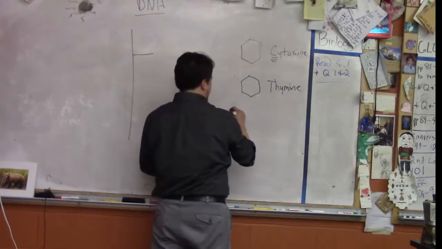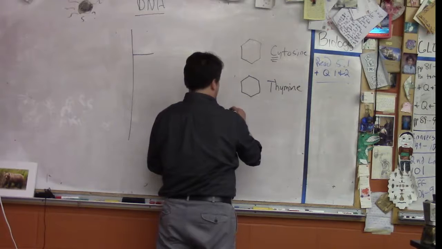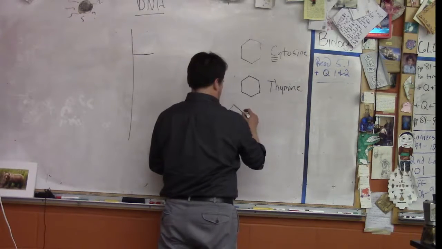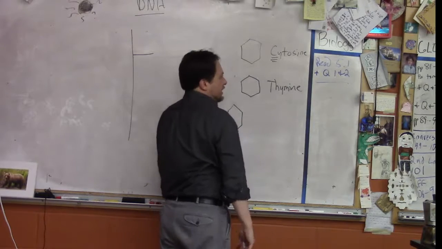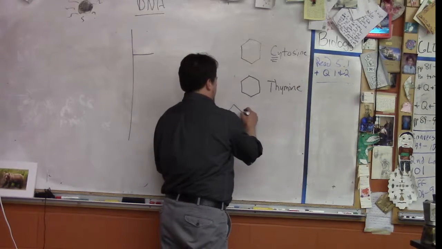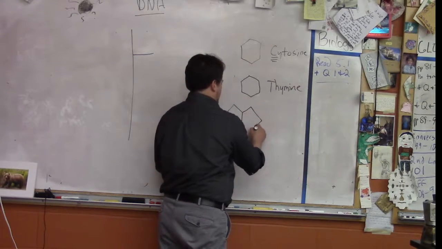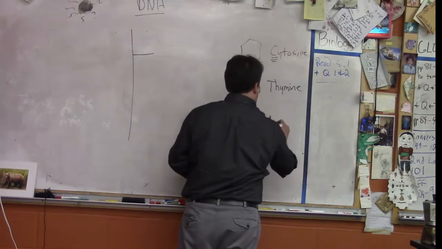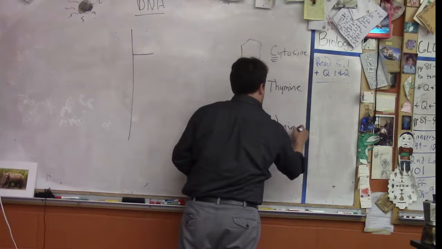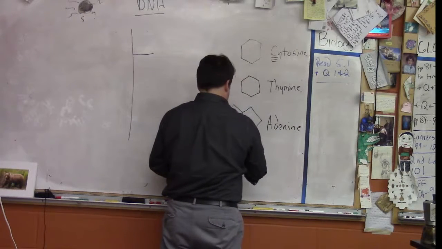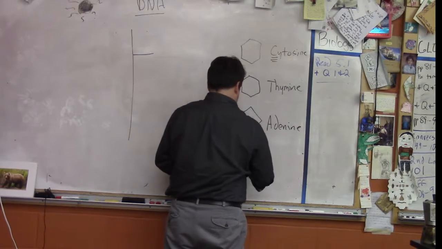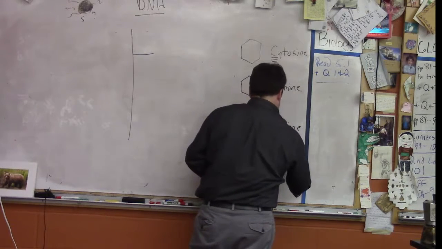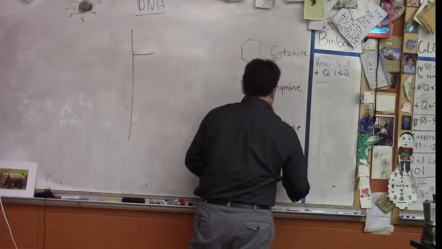And then we have the two other shaped ones, which are purines, and ribose connected together. One of them is adenine, and another one is guanine. What's the difference between the first one and the second one?